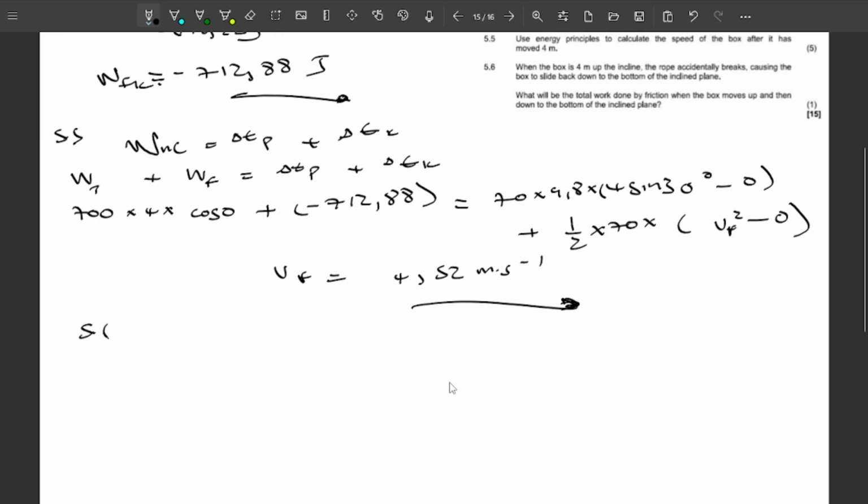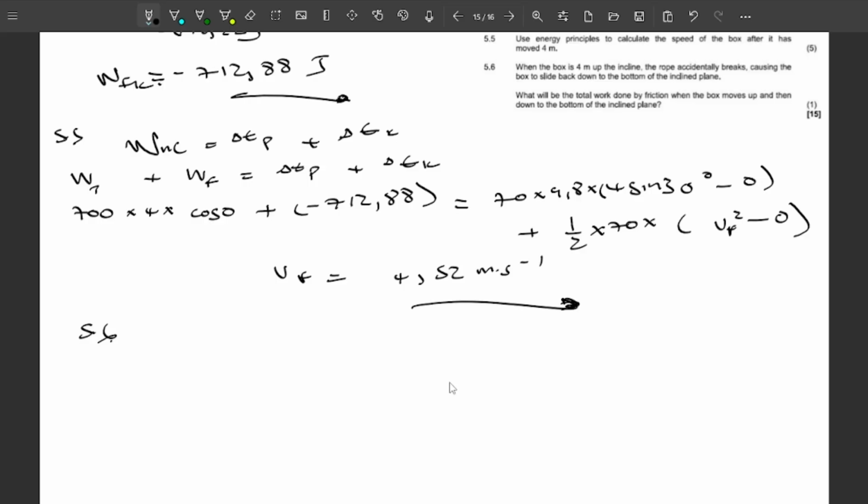Now moving to the last one, which is 5.6. Okay, before I move on from this one, the confusion may be which one you would use, right? But it's okay. If you get the same answer as me, and whatever formula you used, you're most definitely correct.